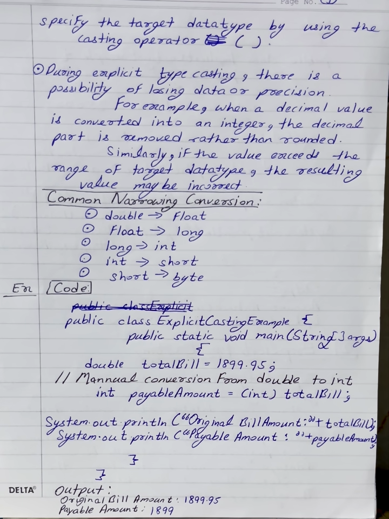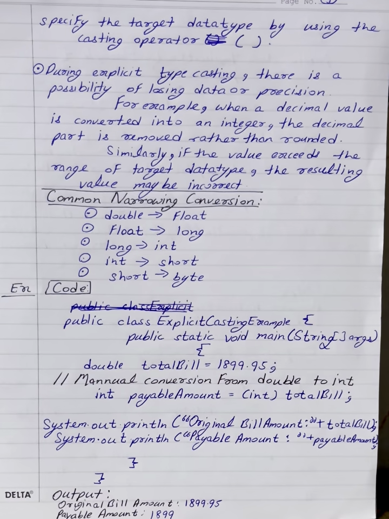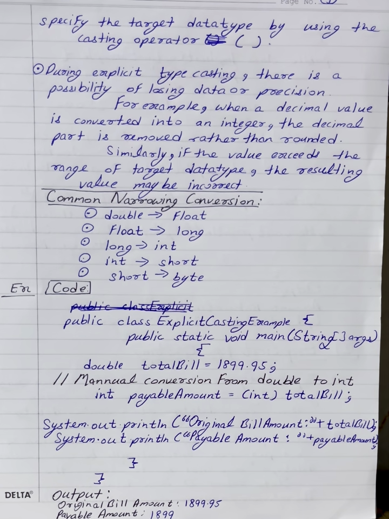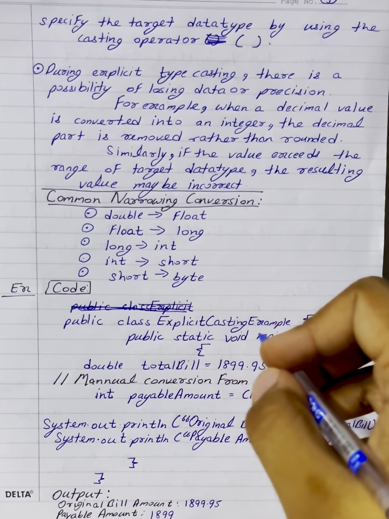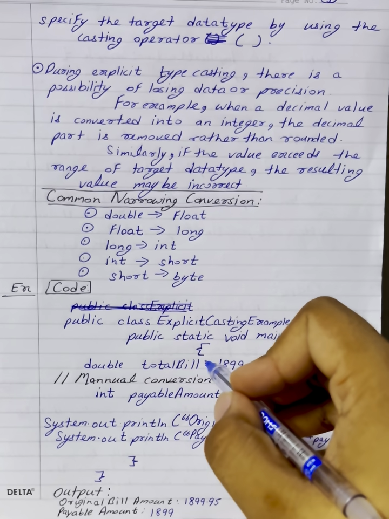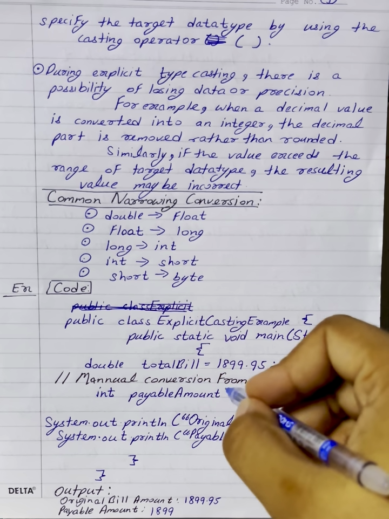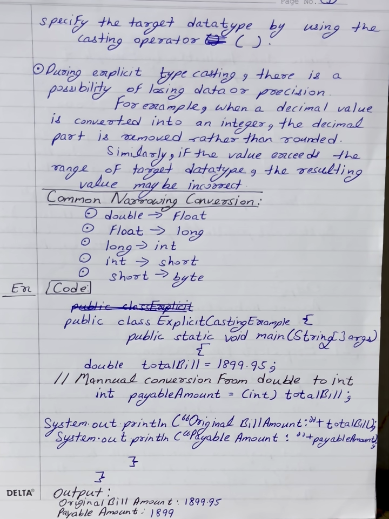So here you can see an example, or you can see code of explicit typecasting. So guys, let's understand this code. In this program, the variable total bill stores the value 1899.95 as a double, and since an int cannot store a decimal value, this value is explicitly converted using the casting operator.